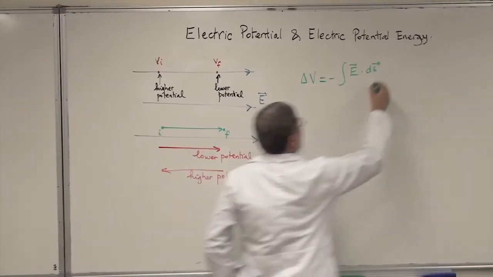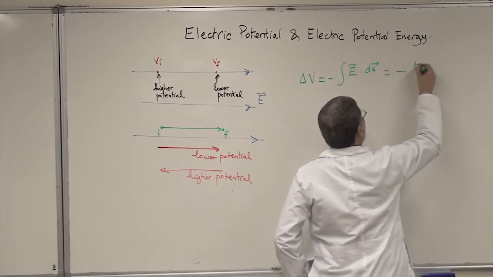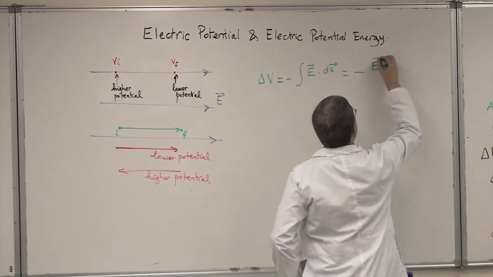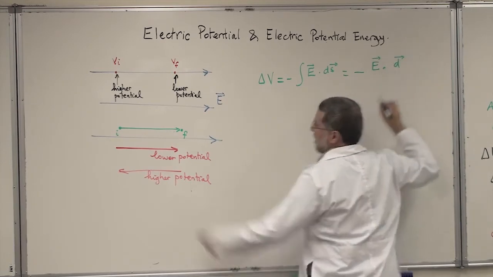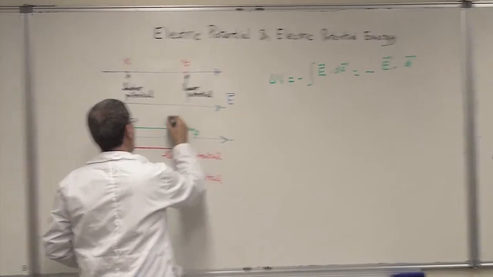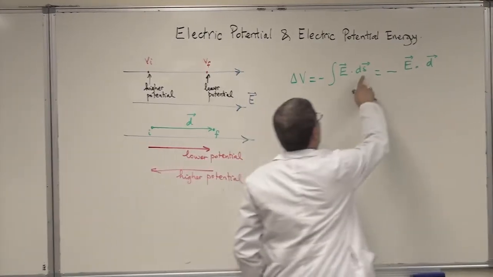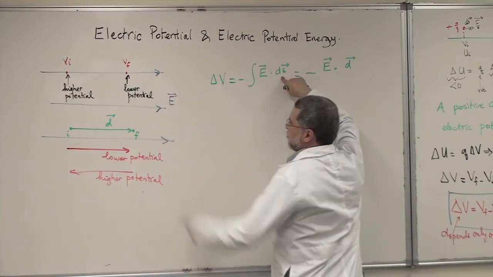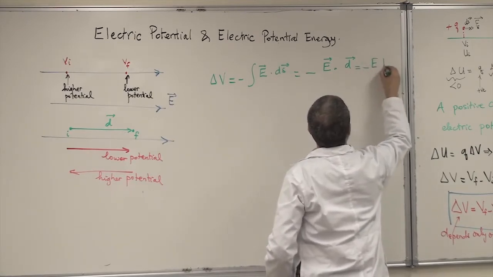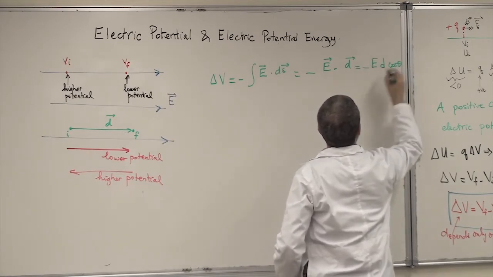Since E is uniform, I can write it like this: minus E, I take it out of the integration, and dot d, the displacement. I call this one d here. Because the integral of ds will give me the displacement d between I and f, and of course this will be minus E d cosine theta.